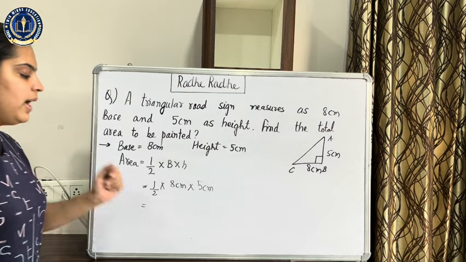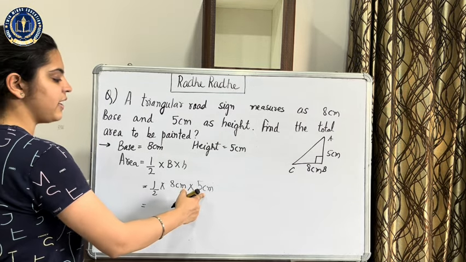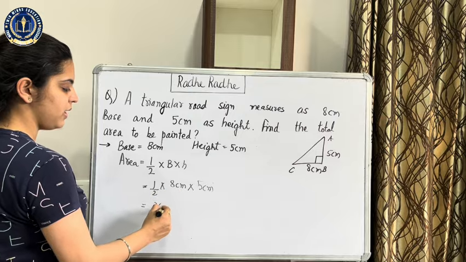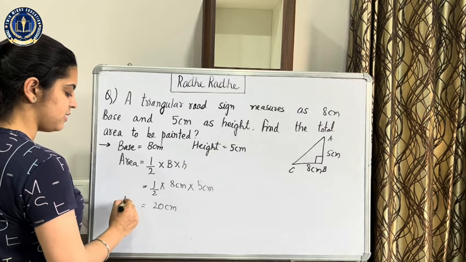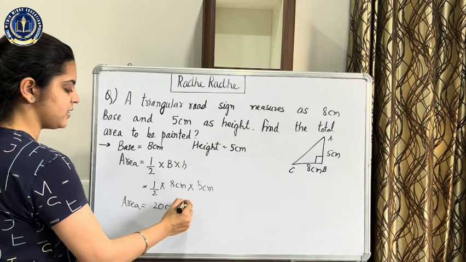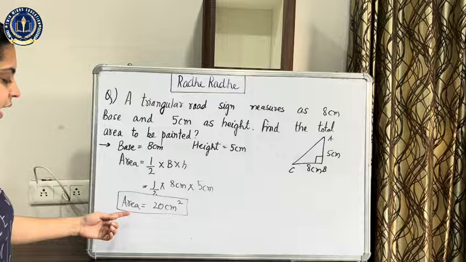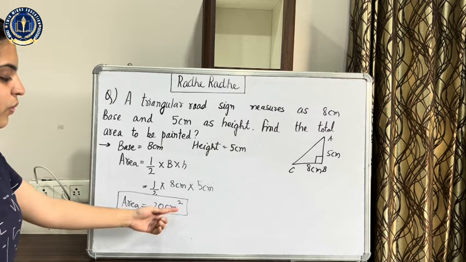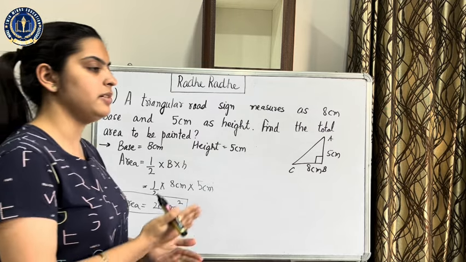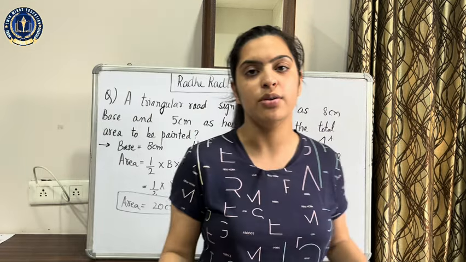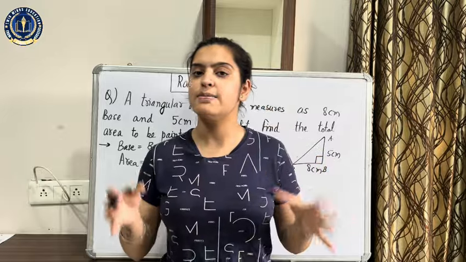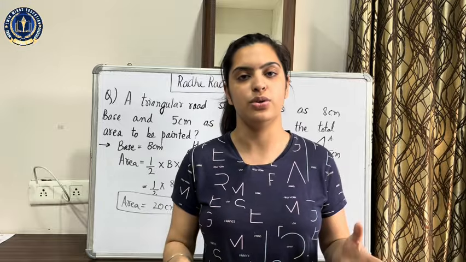Now, what will be our answer? 8 into 5, 40. 40 divided by 2 will be 20 centimeter. One thing is wrong here, that is square. Always remember, whenever we are finding area, area should be in square units. Either it's centimeter, meters, millimeters, or any unit, it should always be in square units.